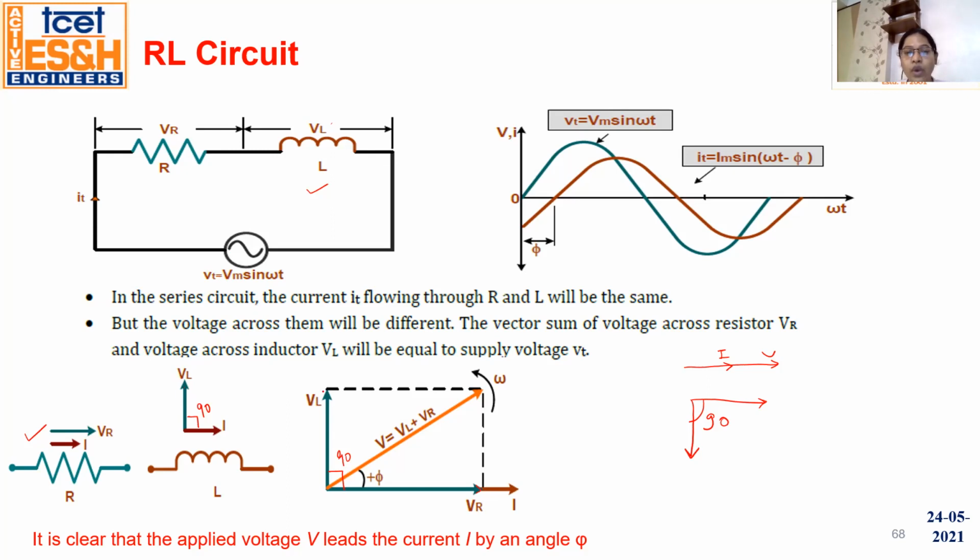So when you add these two phasors, we will get a resultant voltage. This is nothing but the supplied voltage, the total voltage you supplied. So this is the supply voltage V, and this is the current.